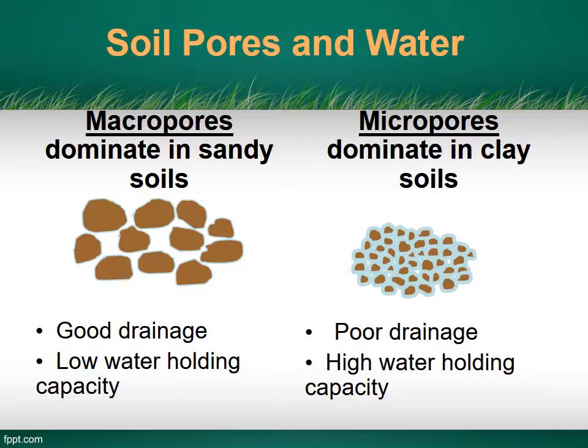Clays, on the other hand, are made up of such small particles they tend to pack together very well, and they have very small pores in the soil, so they have micropores, and that results in poor drainage. But on the other hand, clay-dominated soils hold a lot of water, so they won't dry out as quickly.